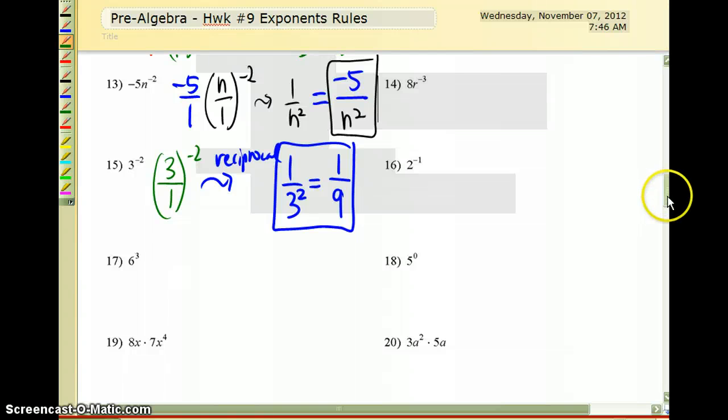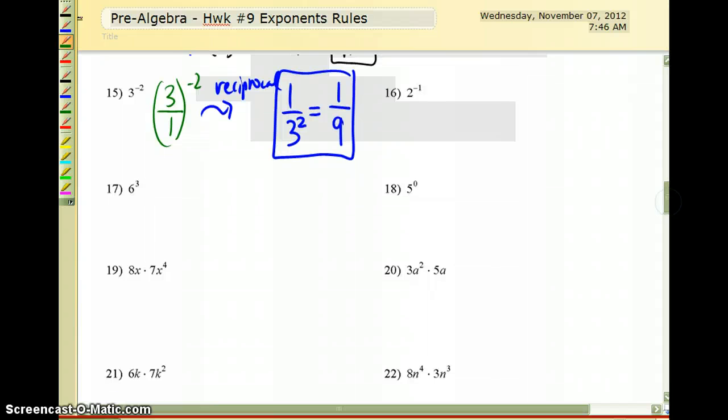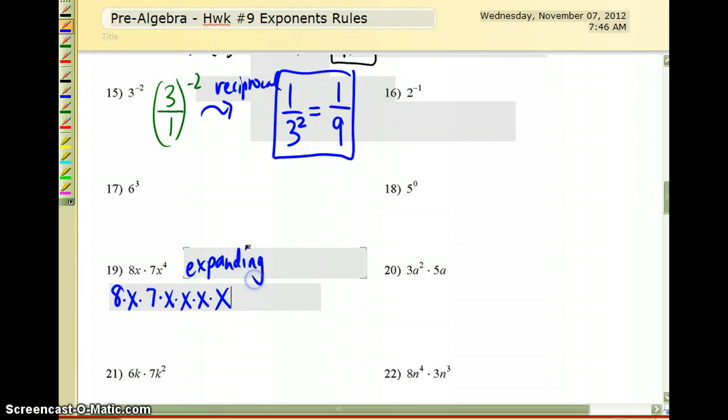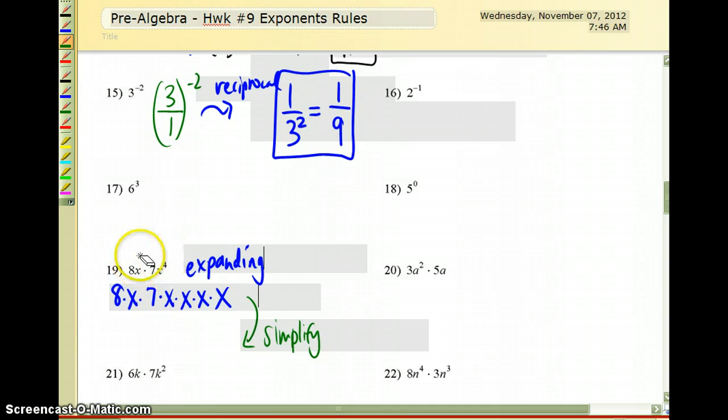Number 19, I'm going to expand that problem out. I have 8 times x times 7 times x times x times x times x. So again, I'm expanding. After I expand it, I'm able to condense it back and simplify into just one answer with one power. Right now it's two separate powers.